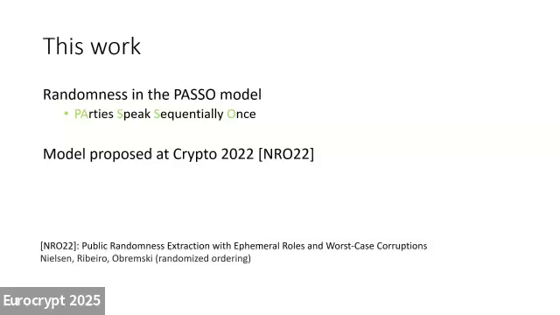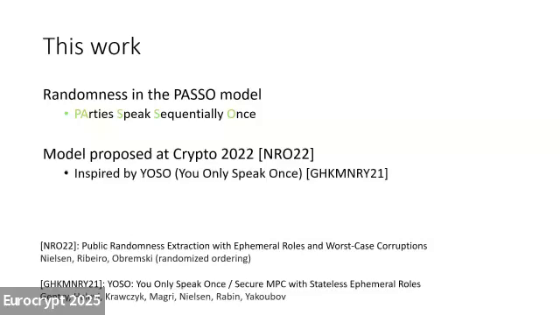And to get such randomness, we will be working in the PASO model. PASO stands for Parties Speak Sequentially Once. And it is a model that has been proposed at Crypto 2022 by Nielsen, Ribeiro, and Obremski. And the name of this model has been inspired by YOSO, You Only Speak Once, which was proposed by Gentry et al. Okay, so as the name says, in PASO we will have parties that will be speaking sequentially.